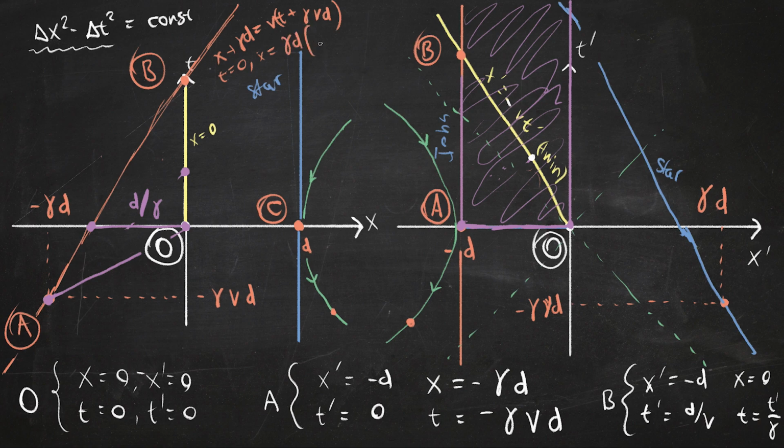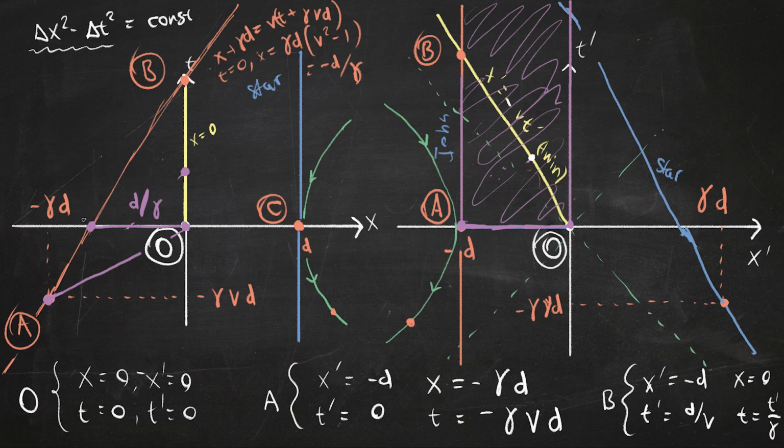So gamma d factor, and then inside here you get the v squared, and then minus the 1, which you could also write as negative gamma d times 1 minus v squared, and then that becomes 1 over gamma. So you get the x coordinate is negative d over gamma for this point here.